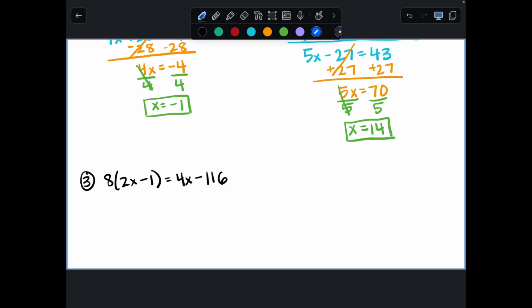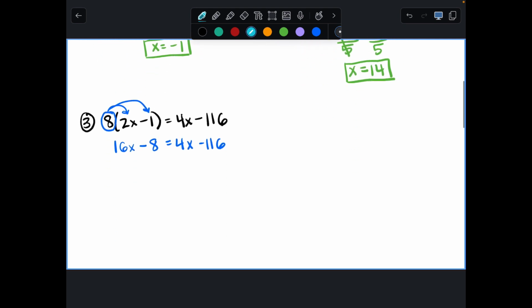All right, this one does have parentheses, so we're going to distribute, which means to multiply the term on the outside by each term on the inside. So multiplying, we'll get 16x minus 8, and the other side of the equation stays the same for this step. There are no like terms to combine, so I'm going to eliminate 4x on the right side, and subtract 4x from the left.